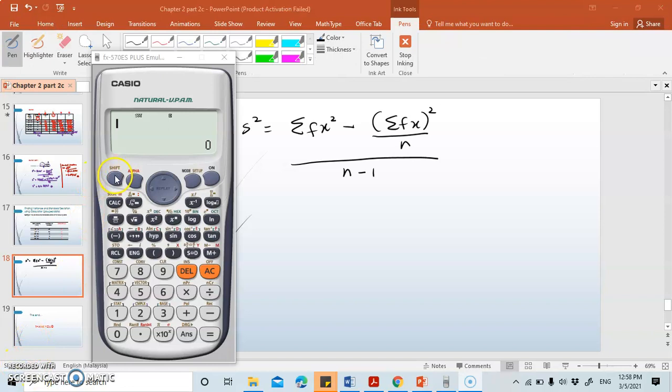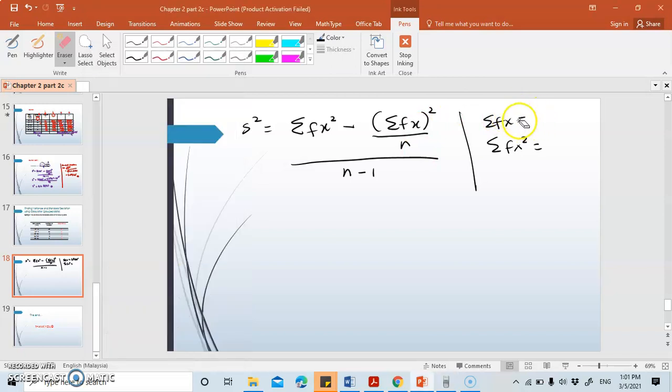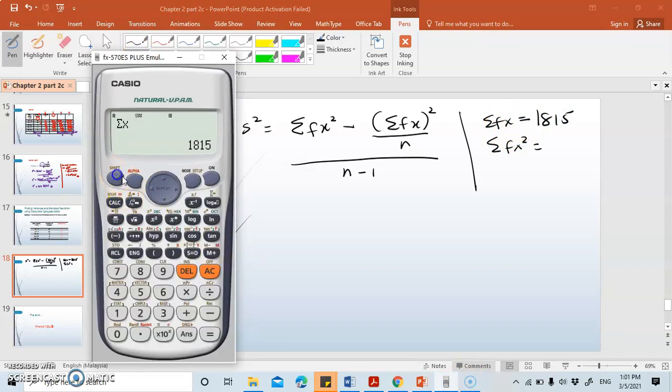From the calculator, press shift again, number 1, and then number 3 for sum. The first one we want is the total fx. Total fx is the same as total x, so number 2, total x, 1815. This is the value of total fx. And then for total fx squared, shift again, number 1, number 3, number 1, total x squared.